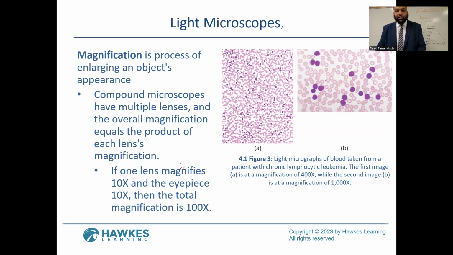So if one lens magnifies 10 times and the eyepiece 10 times, then the total magnification is 100. That's very important to know, that the total magnification must equal the ocular magnification multiplied by the objective magnification.